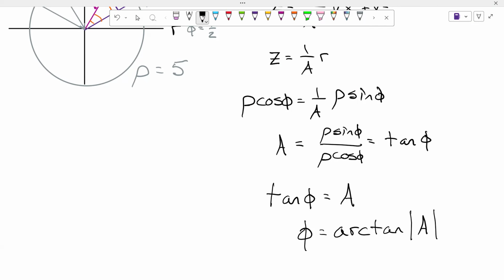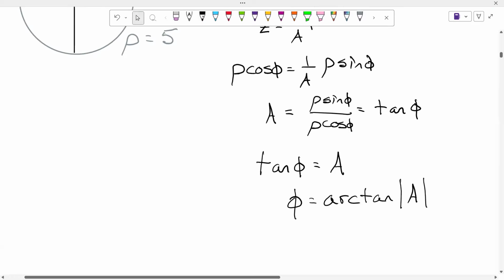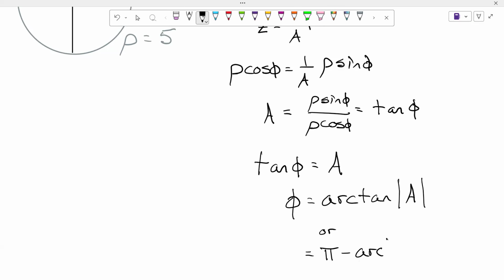So are all of the inverse trig functions. So just be a little careful if you try to use one of those arctangent functions, because phi is either going to be the arctangent of the absolute value of a, or it is pi minus arctangent of the absolute value of a. Phi will be one of those two numbers.